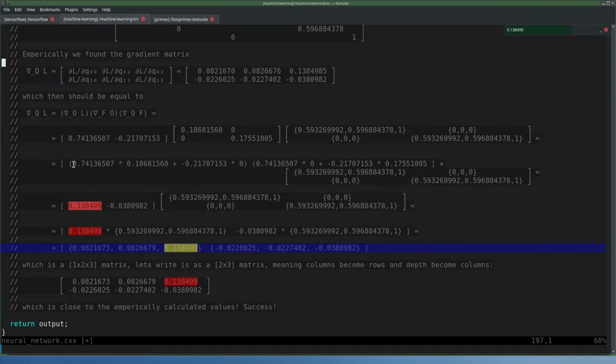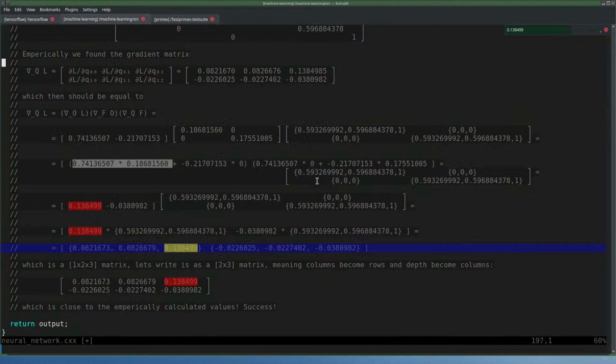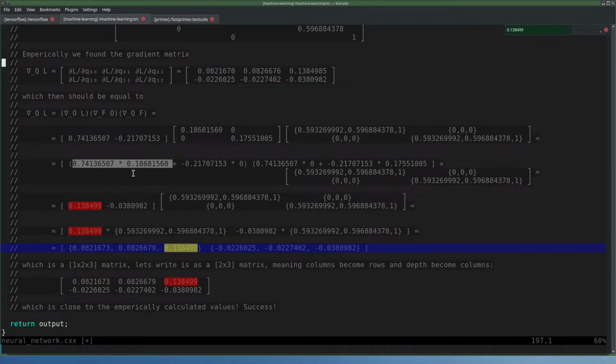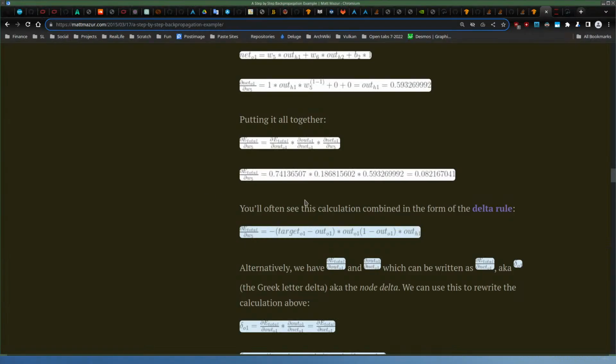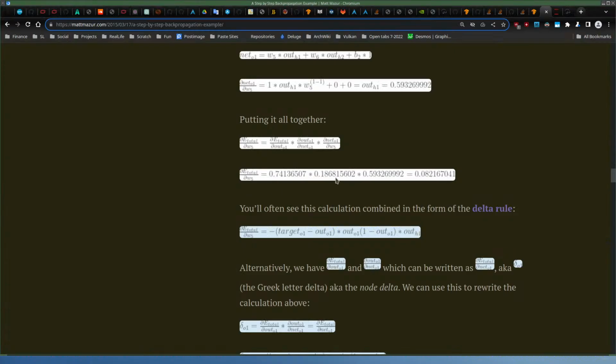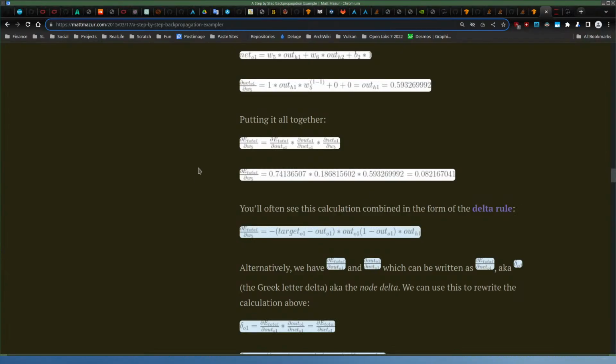These two combined, that's 0.74136507 times 0.18681560. So one of us can't calculate. And I was using a computer.